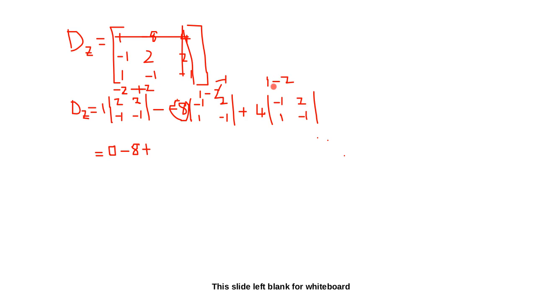So this will be 1 minus 2, which is -1. Negative 1 times 4 is minus 4. So what we have here is minus 8 plus minus 4, and that will be minus 12. So dz is minus 12.